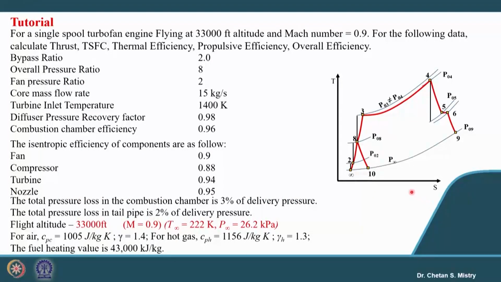So, in the last lecture we were discussing a numerical, where we solved for the flying condition at 33,000 feet for Mach number 0.9, where temperature and pressure are 222 Kelvin and 26.2 kilopascal.